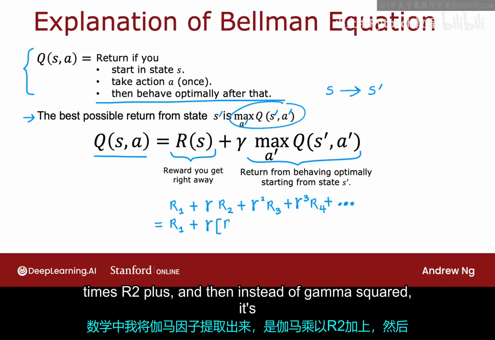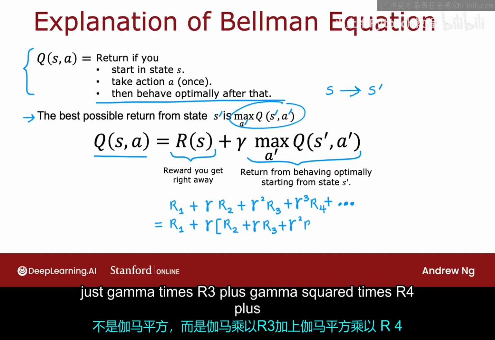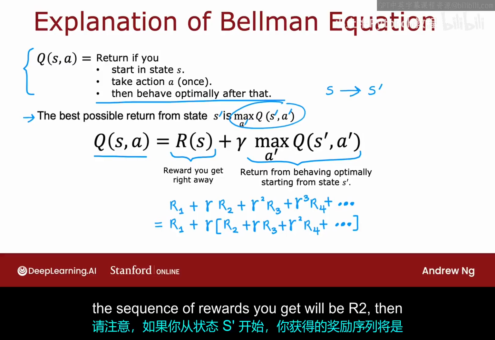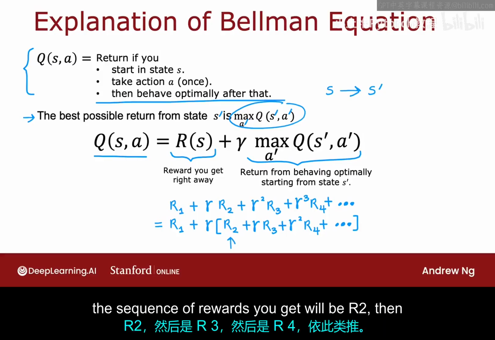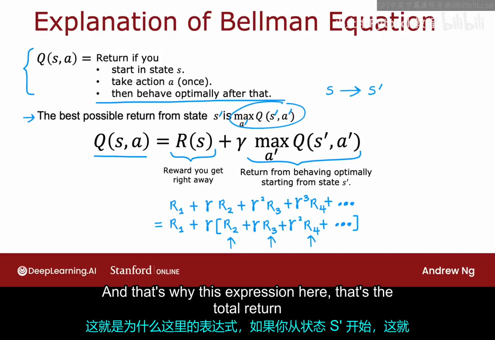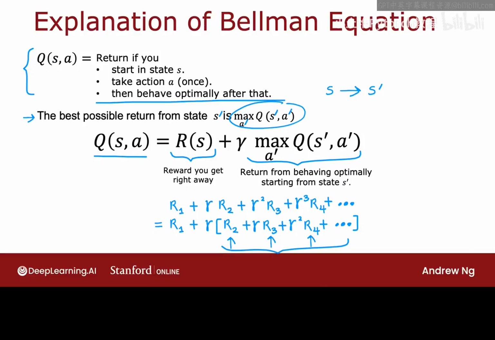It's gamma times R2 plus, and then instead of gamma squared, it's just gamma times R3 plus gamma squared times R4 plus ... Notice that if you were starting from state S prime, the sequence of rewards you get will be R2, then R3, then R4, and so on. And that's why this expression here, that's the total return if you were to start from state S prime.